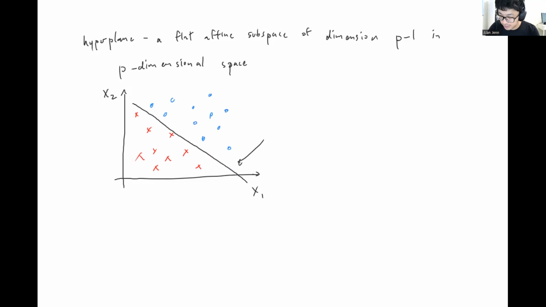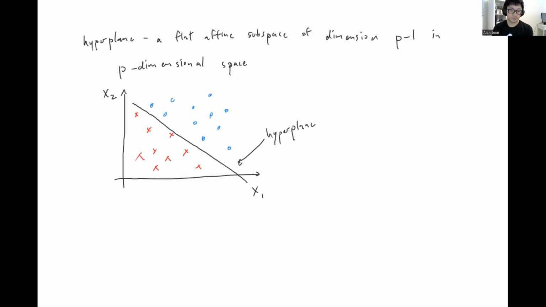So this line is a hyperplane. This is a flat subspace. We have two dimensions, x1 and x2, and the line is a 1D subspace within these two dimensions. If you have three dimensions, you can imagine it would be a flat plane, and so on.